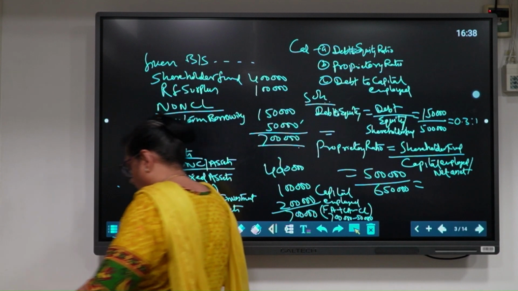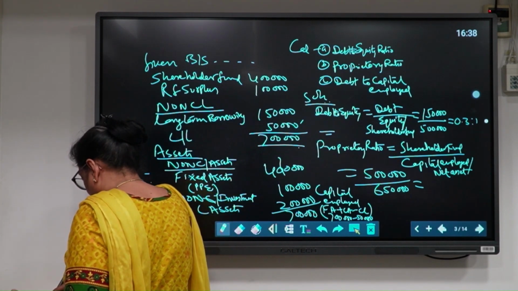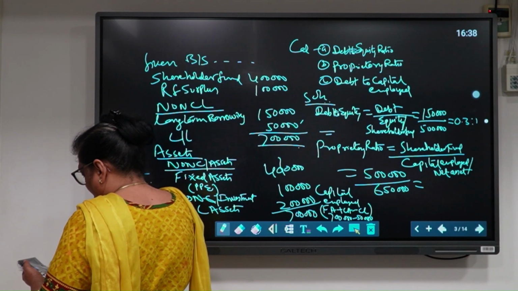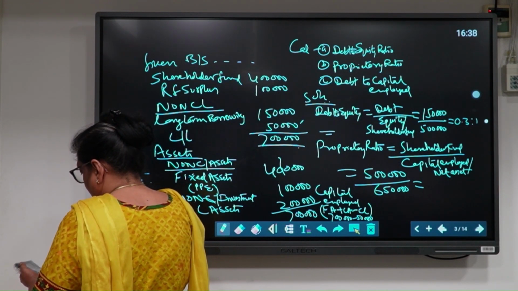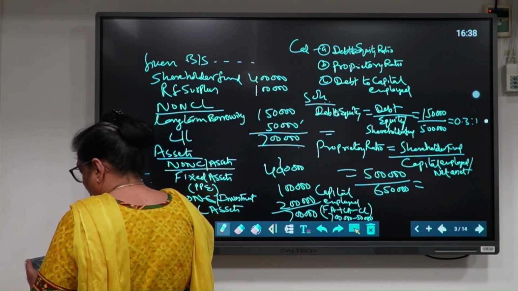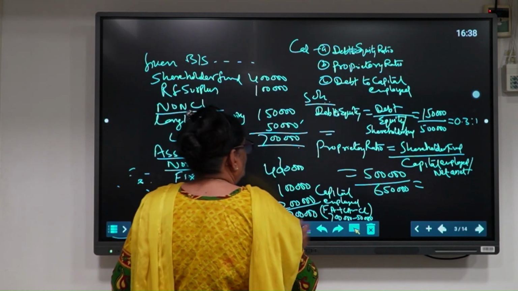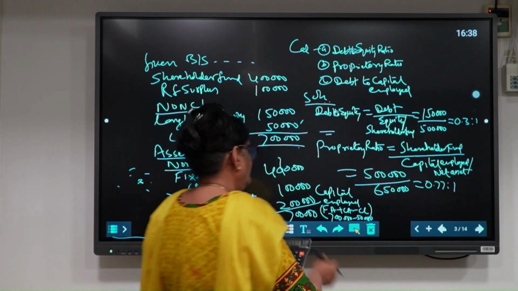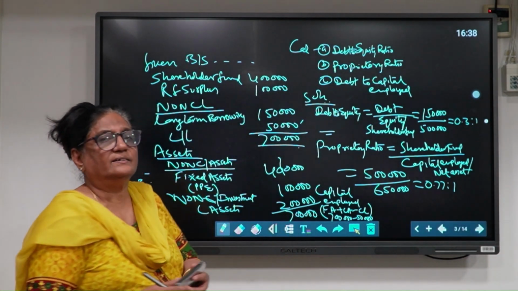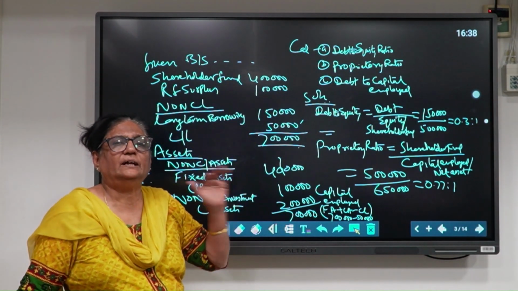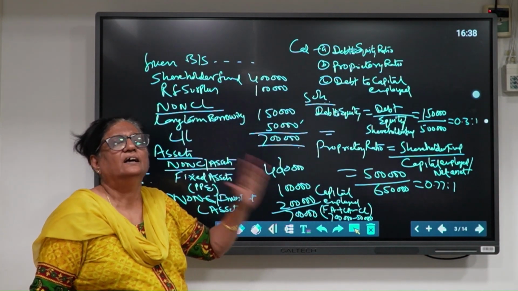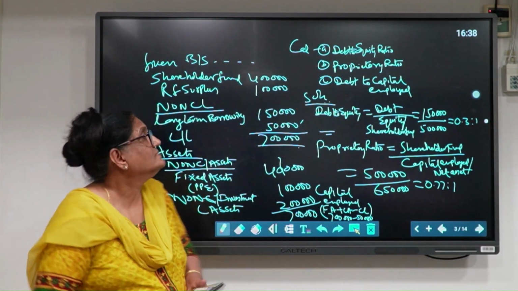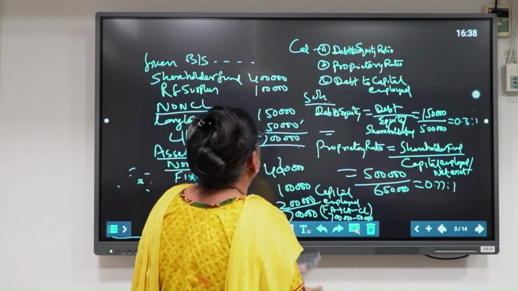So proprietors is how much? 5 lakhs divided by 6 lakhs 50,000. 0.77 is to 1. Proprietors formula, shareholders fund divided by capital employed or net asset is my proprietors ratio. Please know solvency ratio.